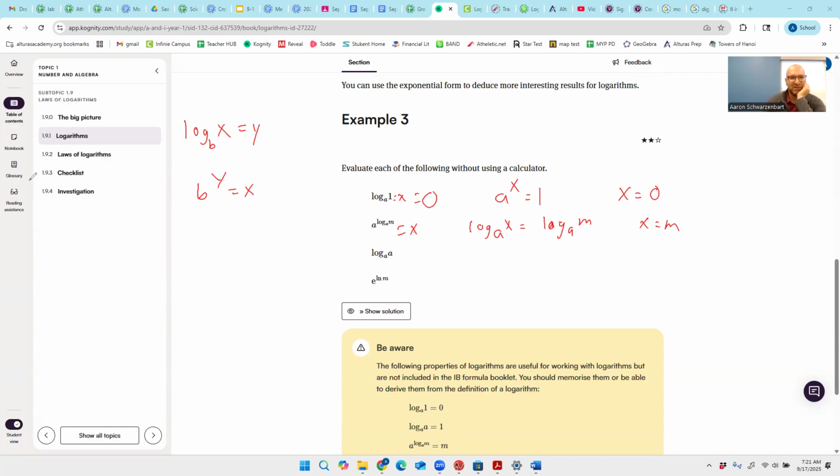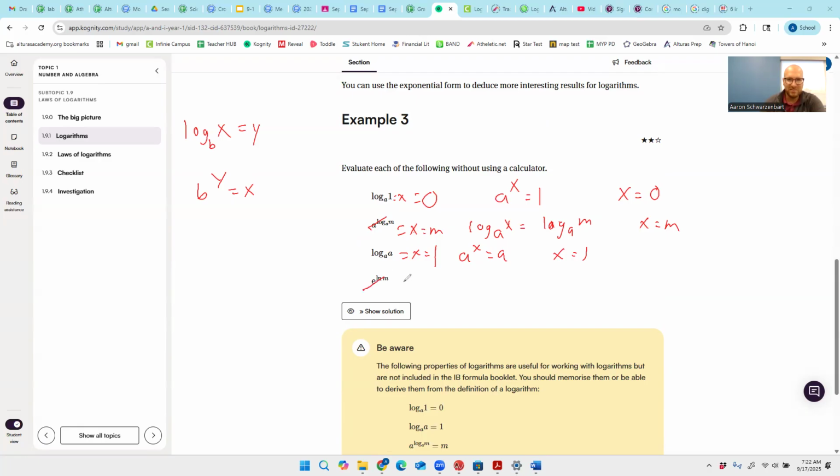Another property here: log base a of a to any power, or a to the log base a, again, just cancels. Those are inverse operations. This one, a to the x equals a, that would mean x equals 1. That's 1. This is m.